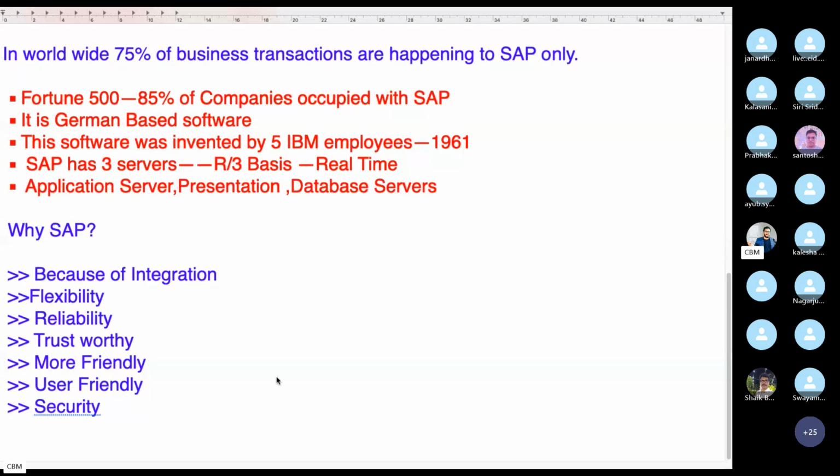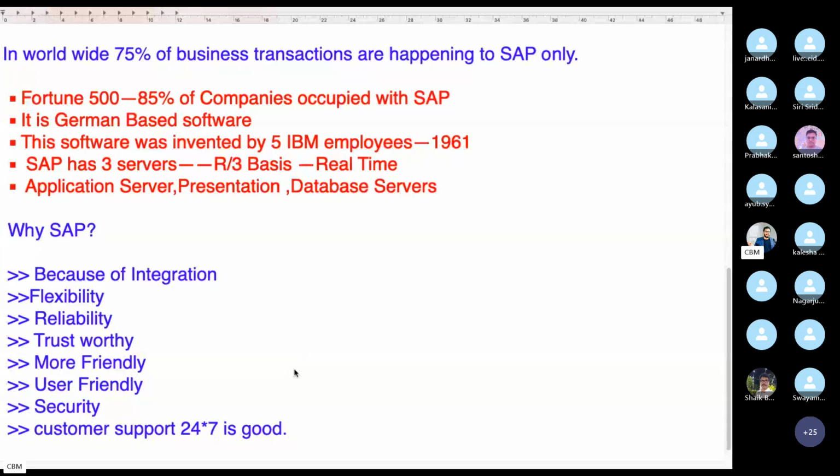Because of security, and customer support is good, customer support 24/7. That is the reason most companies are picking SAP.